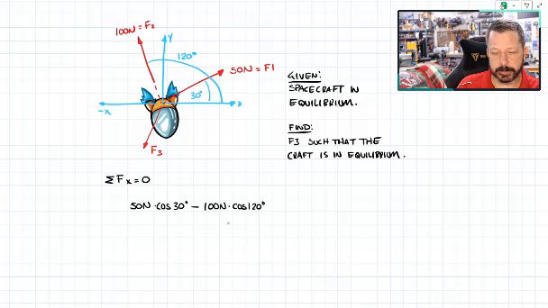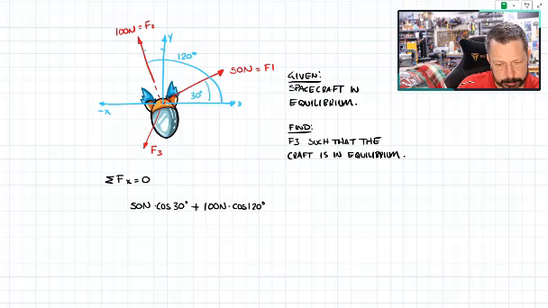But then instead of doing cosine of 120, I would probably do sine of that degree. So you just have to be careful on how you go about doing that. Make sure you don't do a double negative somewhere. In our case, since I measured the 120, then this is actually plus. So that plus 100 newtons times cosine of 120.